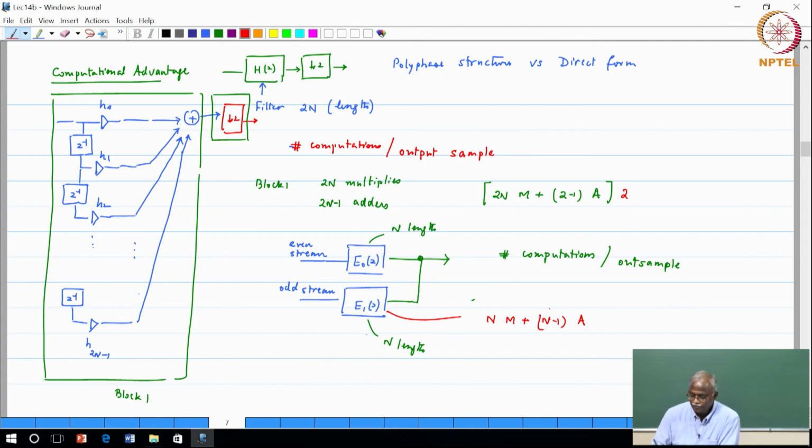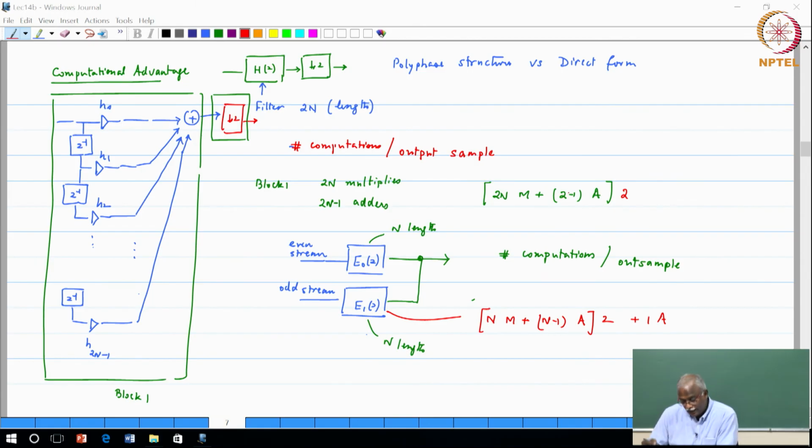There are 2 of them, and then there is one more add at the output, right. But the one that scales with the length of the filter is the first term.